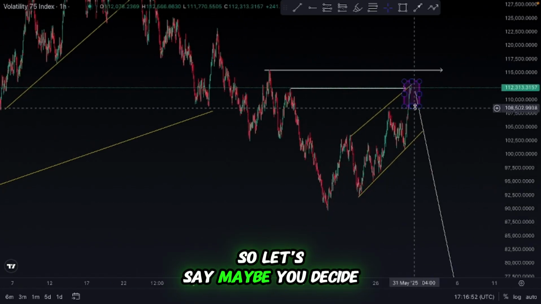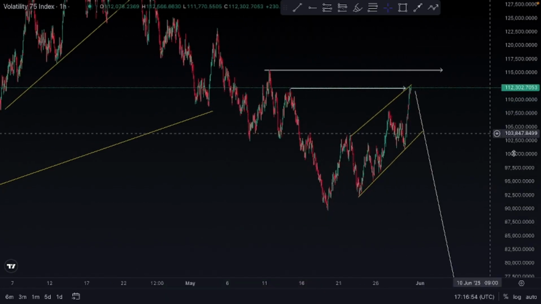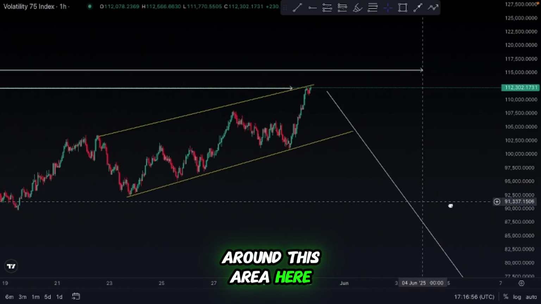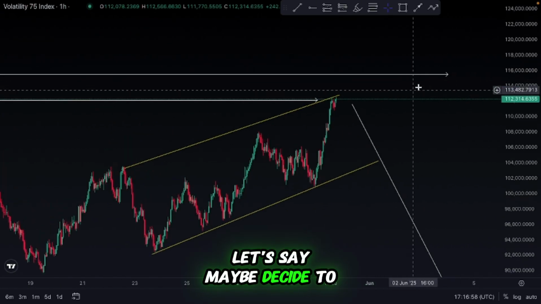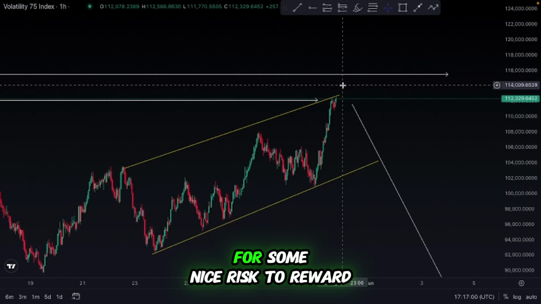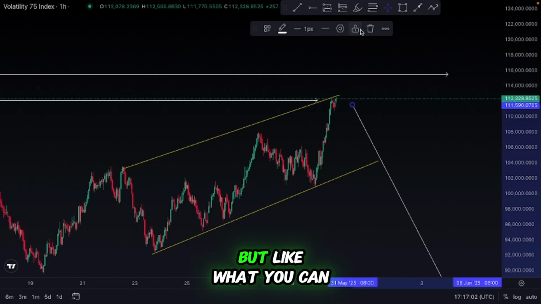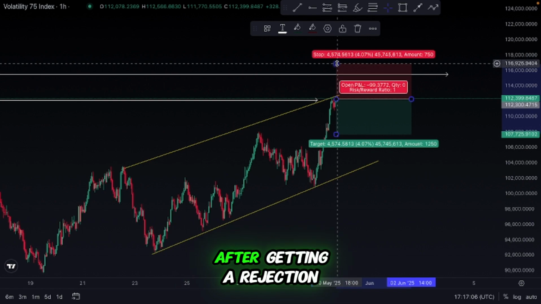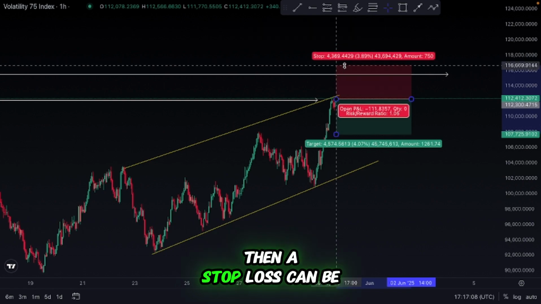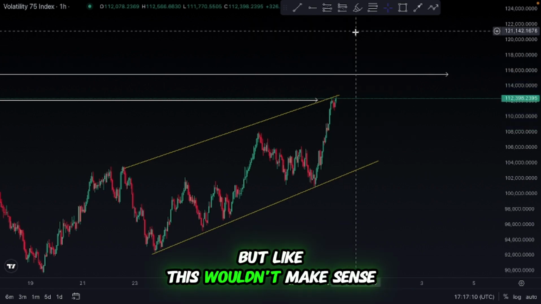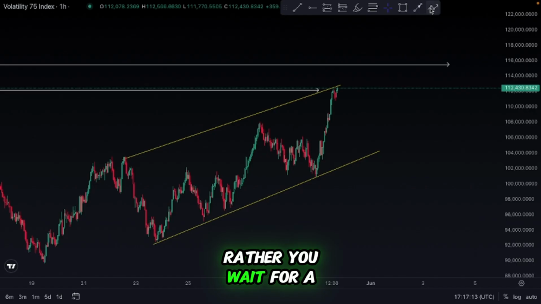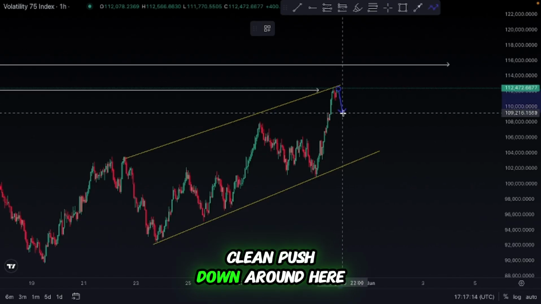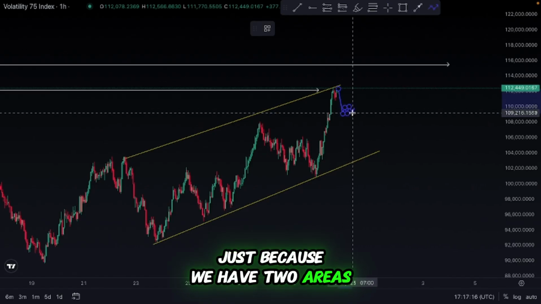So let's say maybe you decide to sell around this area here for some nice risk to reward. What you can do is place a sell here after getting a rejection, then a stop loss can be just above. But this wouldn't make sense. Rather you wait for a clean push down around here, just because we have two areas of interest.